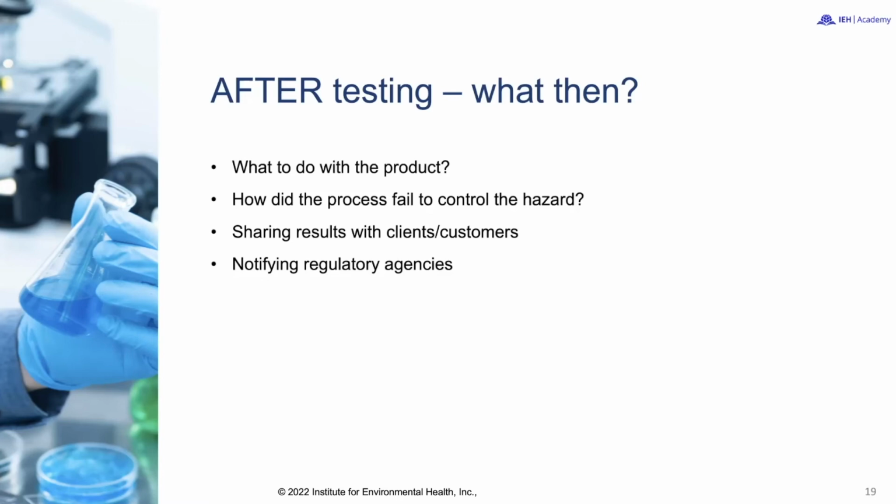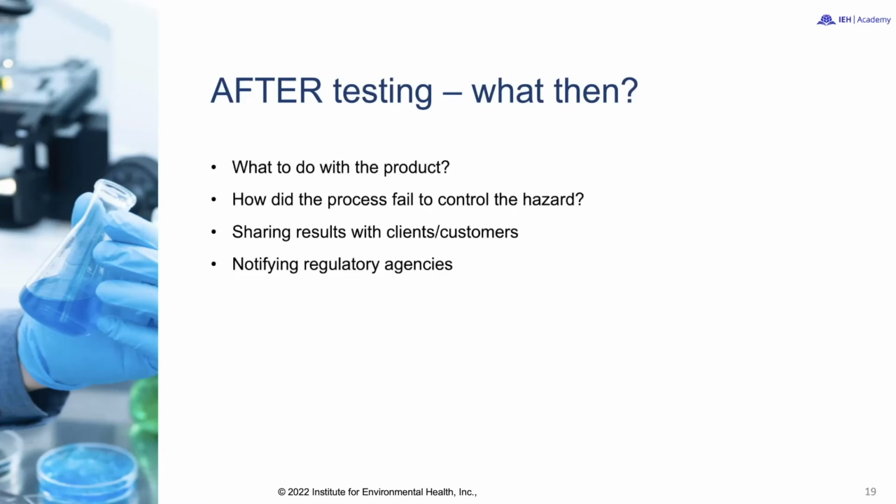That is the whole point of our control program. So we obviously had some kind of failure in our control program, and we need to go back and do some kind of root cause analysis and figure out exactly what happened. How did we end up with a pathogen on product when the control programs were supposedly designed to eliminate that hazard?